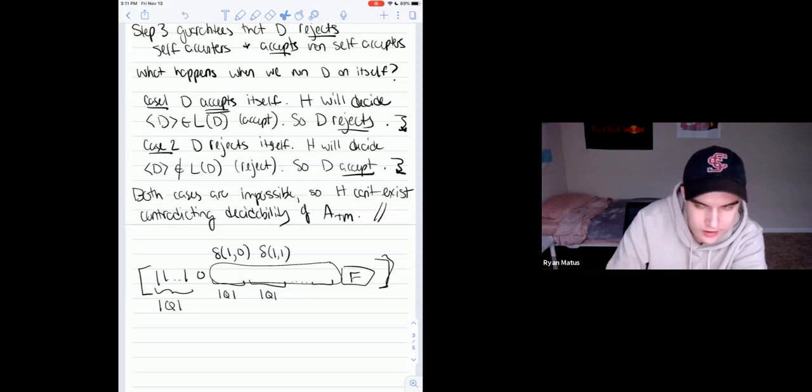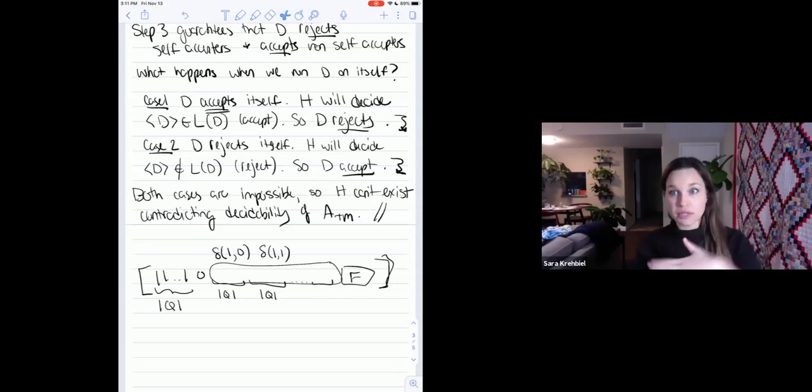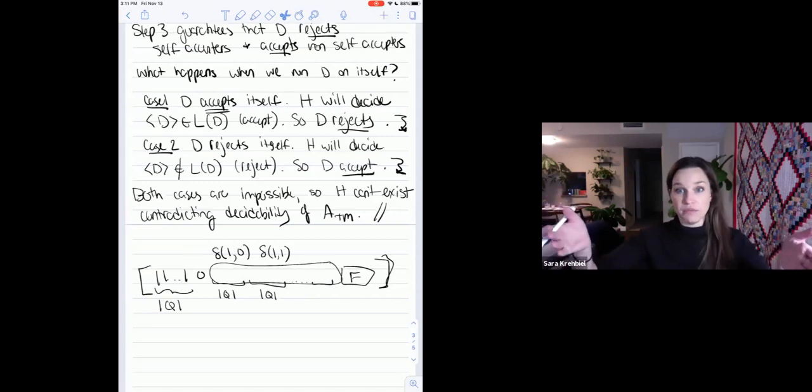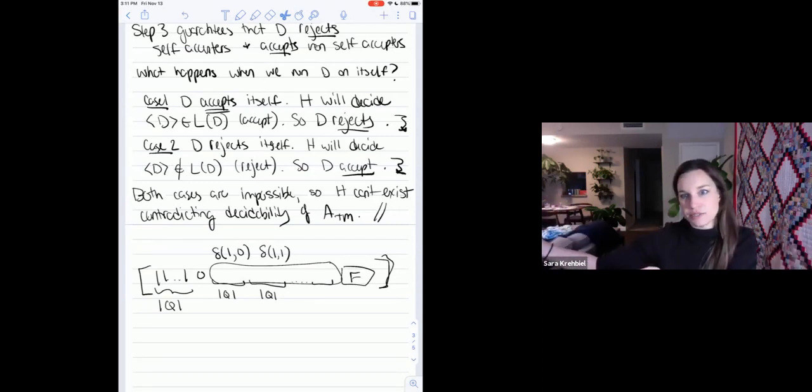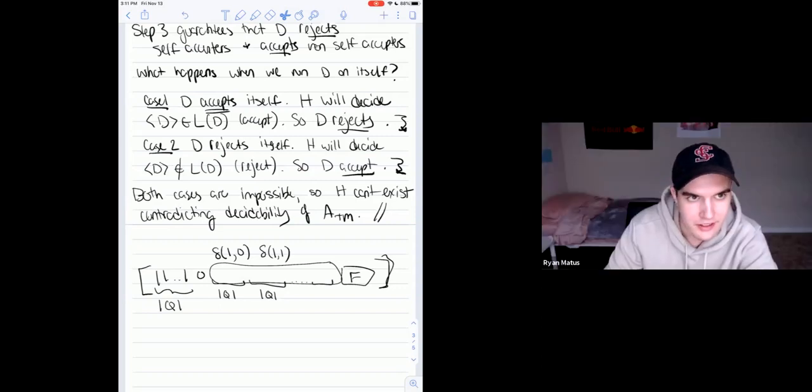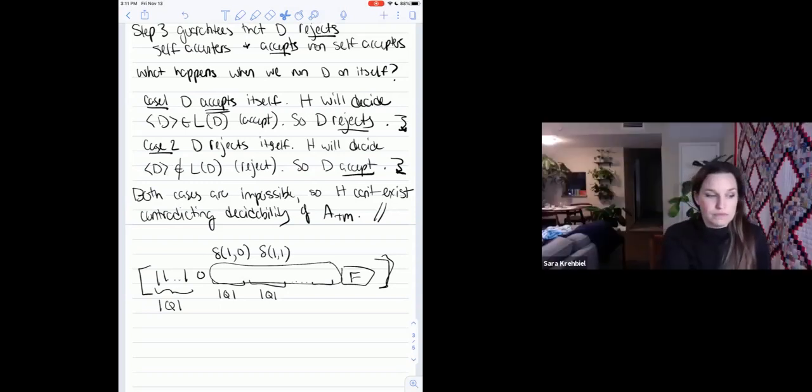Yeah, so that's the idea of feeding a machine into itself, which is critical to this proof. But even more generally, taking a program and compiling it into zeros and ones. A program is a machine, and a program can be saved in binary. So that's the encoding of the machine. Yeah, you're kind of running programs with programs.